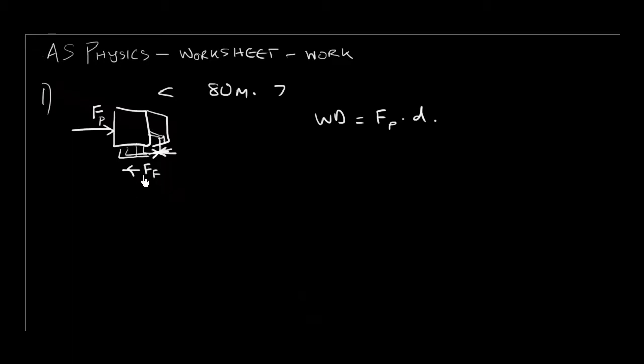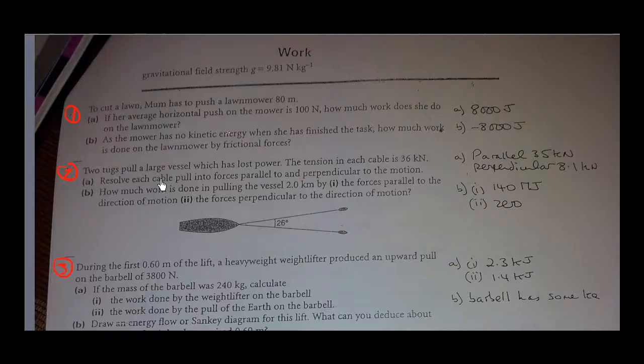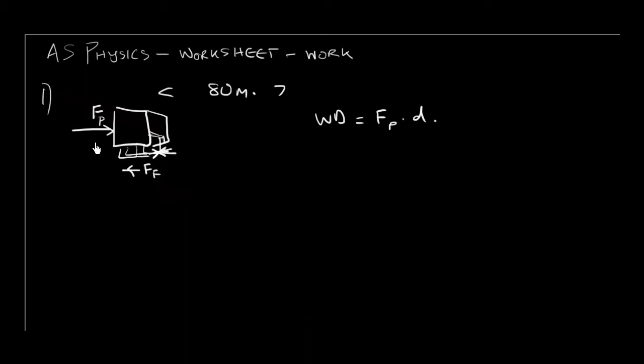In the second part, they ask you for the work done by the friction, and in order to calculate the work done by the friction, you need to know what's happened to the energy. And they tell you in the question, in part B, that the lawnmower has no kinetic energy when she's finished the task. So that means that all of the kinetic energy is used up.